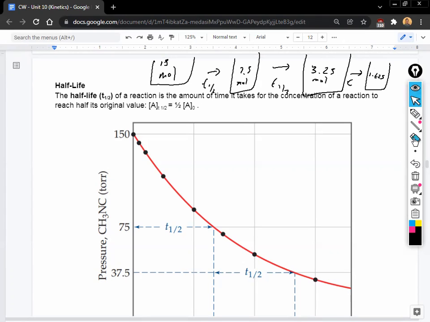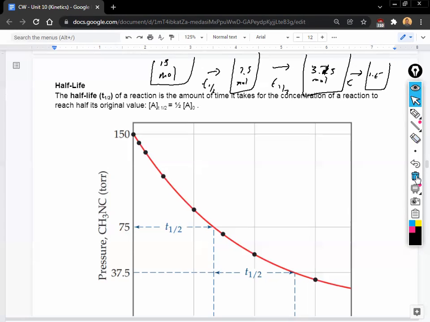Yeah, I'm tripping out, but you get the point, right? The half-life is how long it takes for the concentration to go down by half every single time.